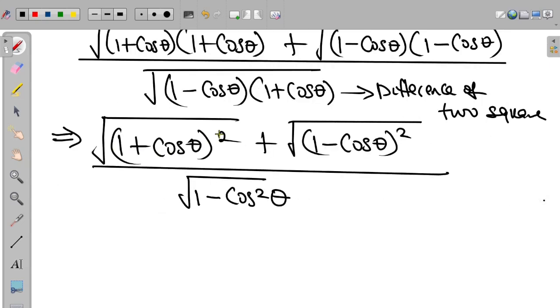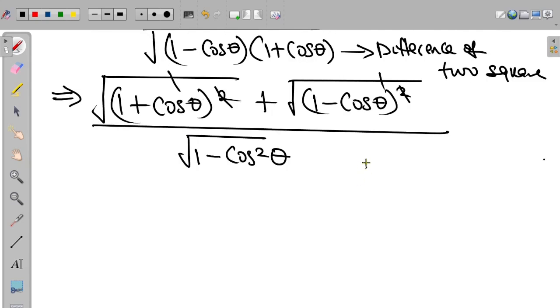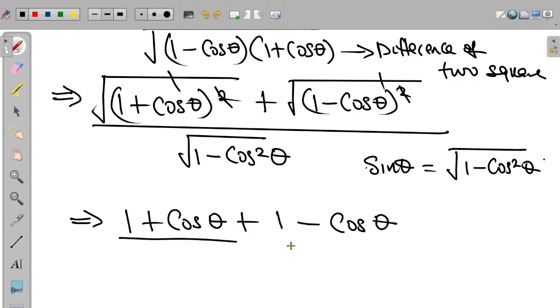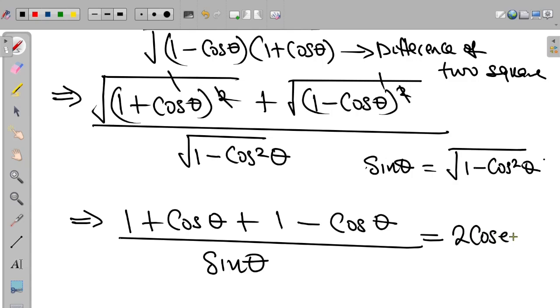First, we know that square will cancel out root. Also, from the trig identity, we know that sine theta is equal to root of 1 minus cos squared theta. So we have the numerator become 1 plus cos theta plus 1 minus cos theta, all divided by sine theta. And don't forget that we have to show that the left-hand side is equal to 2 cosec theta.